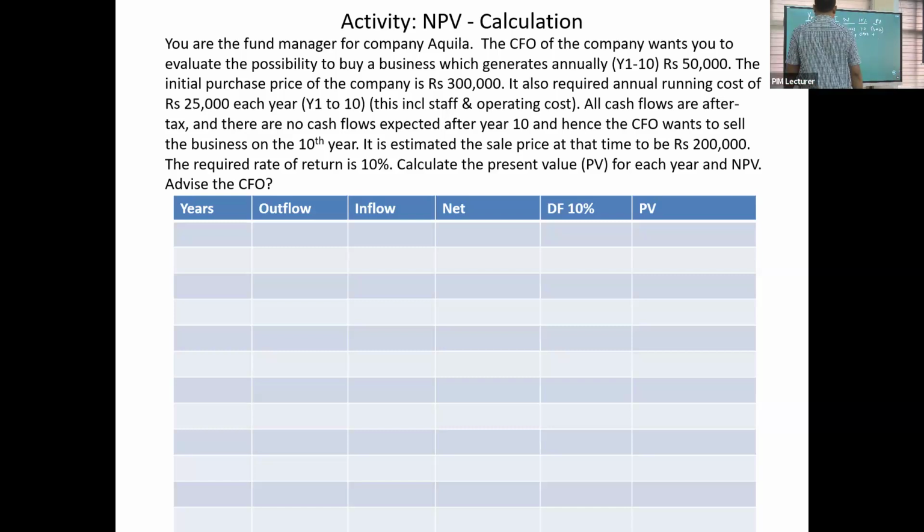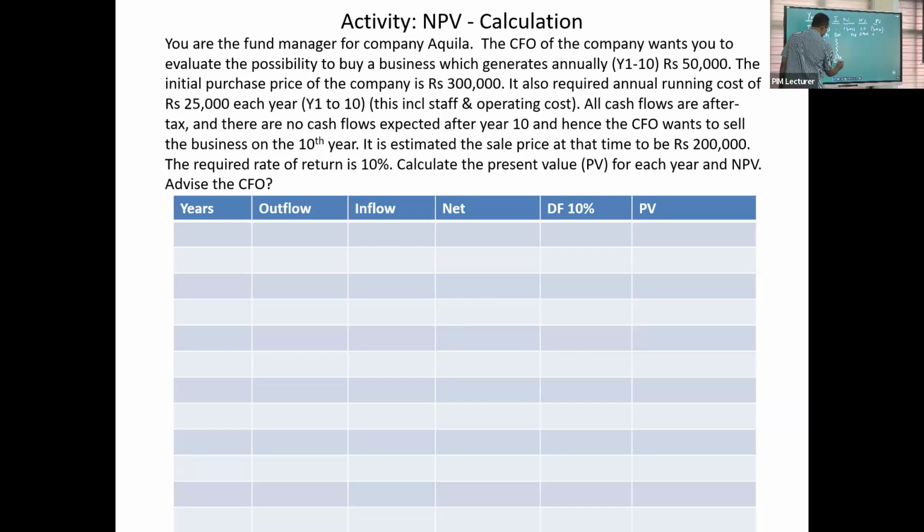Okay, good. So we go all the way up to 10 years. The 25 all the way up, the 50 all the way up. No change. Only on the 10th year, there is a residual value or scrap value, whatever words we use, of 200,000.